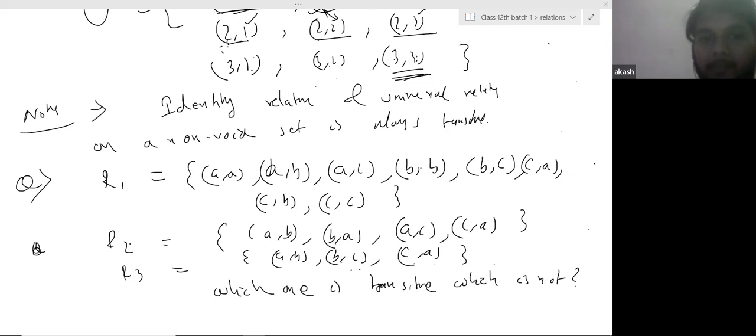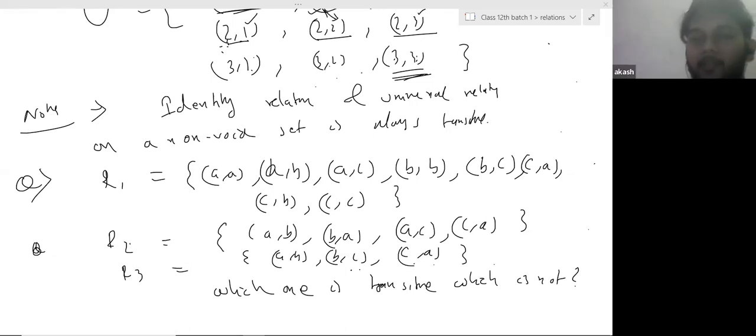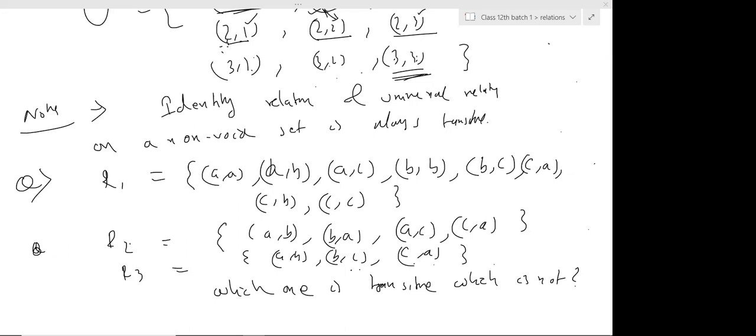Now you are right. Sir, if in a set some of the elements are transitive, does that mean the relation is transitive or not? No. Either everyone is transitive or not at all. You cannot miss even one single element. Okay, sir.